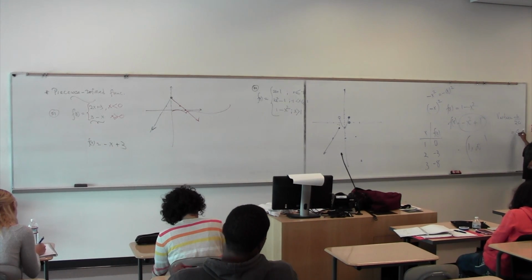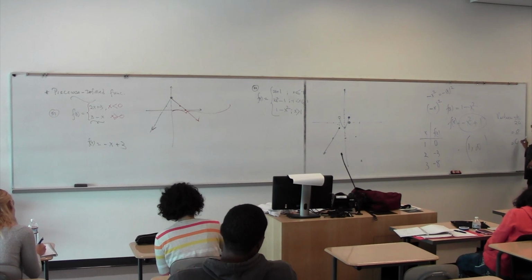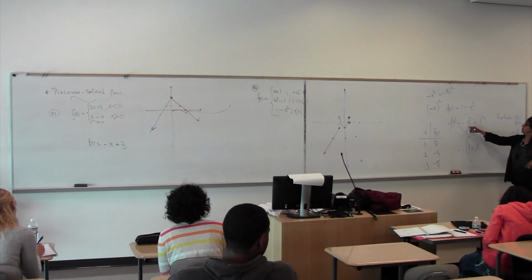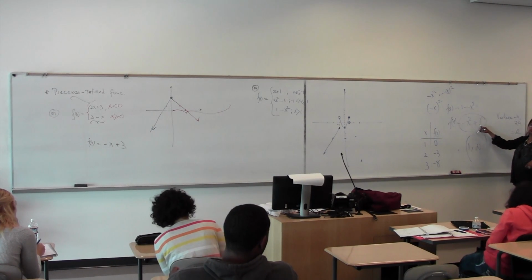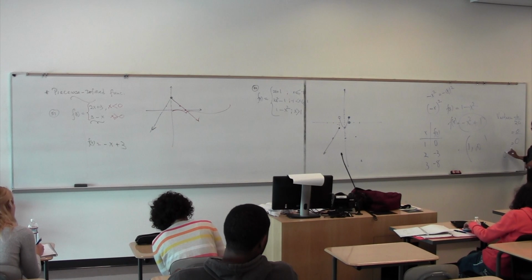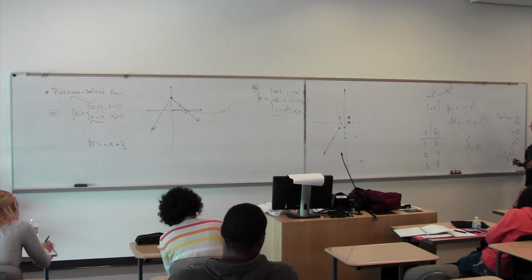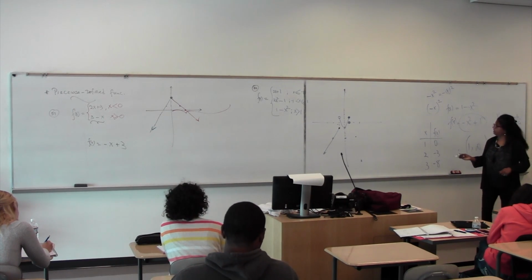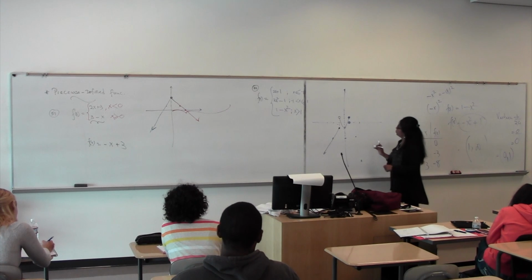So therefore 0 divided by any number is 0, so the x coordinate of the vertex is 0. When x is 0, what's the y value? 1, right? So the vertex is 0 and 1. So this is how we find the vertex. First we find the x coordinate of the vertex and then we find the y. So 0 and 1 is the vertex.